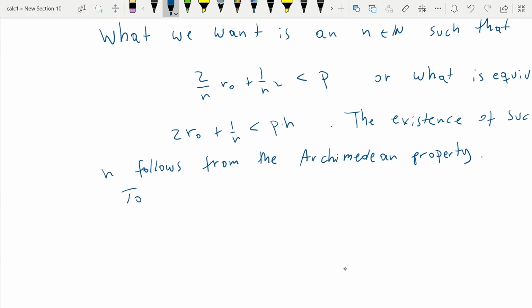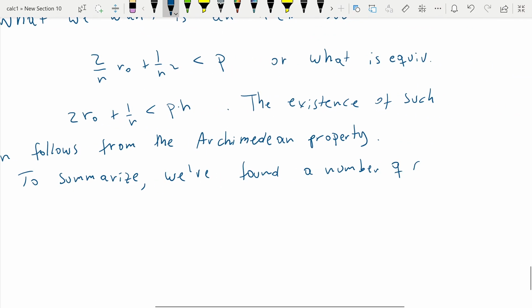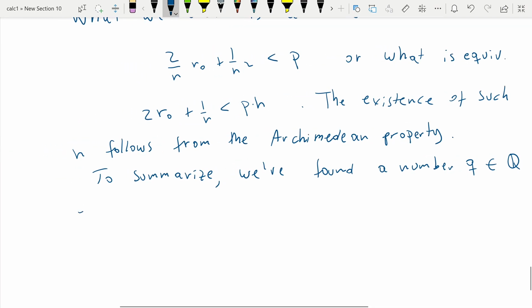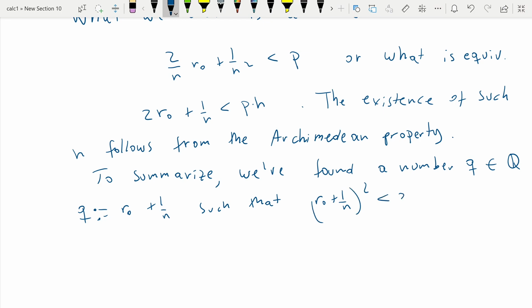So to summarize, we found a number q in Q, where q is defined as r naught plus 1 over n, such that r naught plus 1 over n, squared, is less than 2.